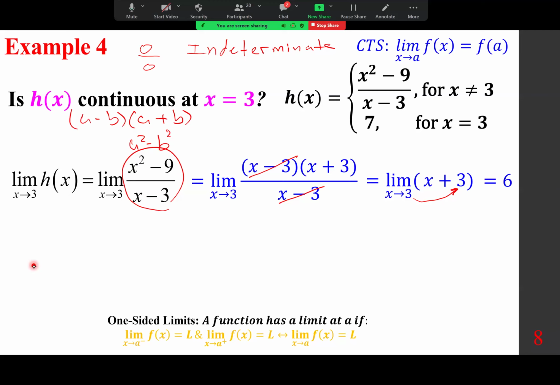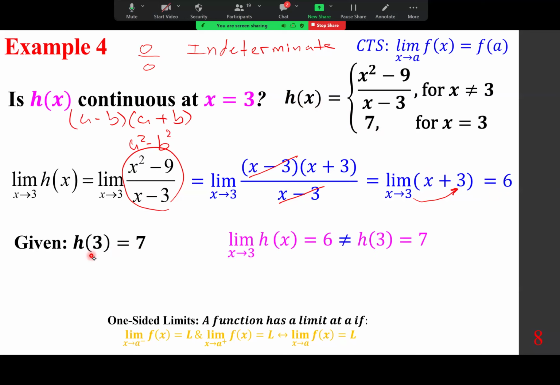So we found the limit. Does the limit exist? Yes. What is it equal to? 6 from both sides. What is the functional value? It's given as 7. h of 3 is given as 7. Are they the same? No. Because the limit of h of x as x approaches 3 is not the same as h of 3, it becomes discontinuous at x equals 3.